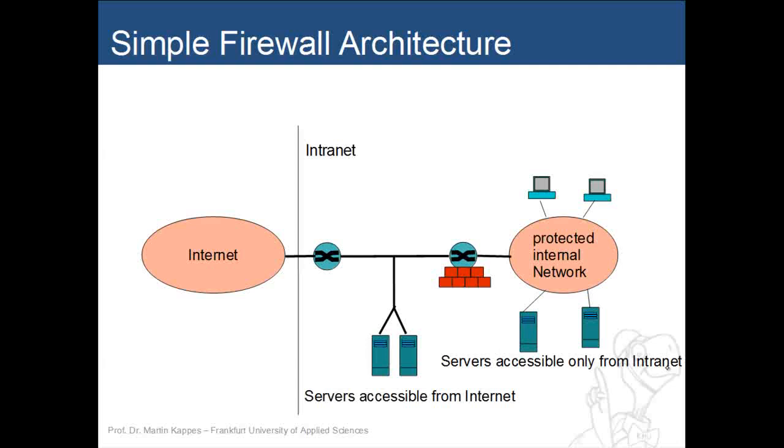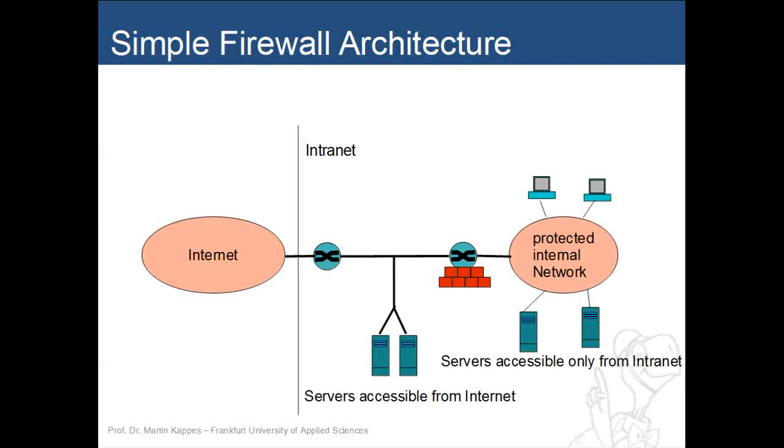Behind this packet filter, you might have some servers which are only accessible from the internal network. And what we're going to discuss in the following is the question: how do we best position the servers which are supposed to be accessible from the internet, and where would we, for instance, place an application level gateway, which basically is pretty much a server that also needs to be accessible from the internet with respect to many features?